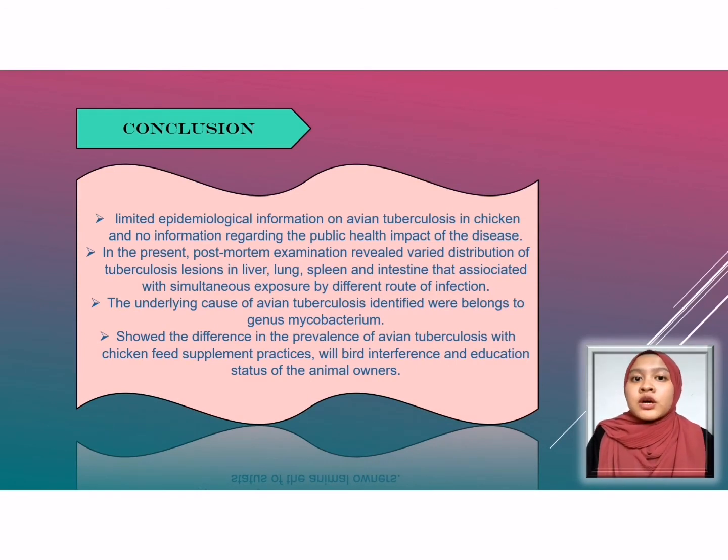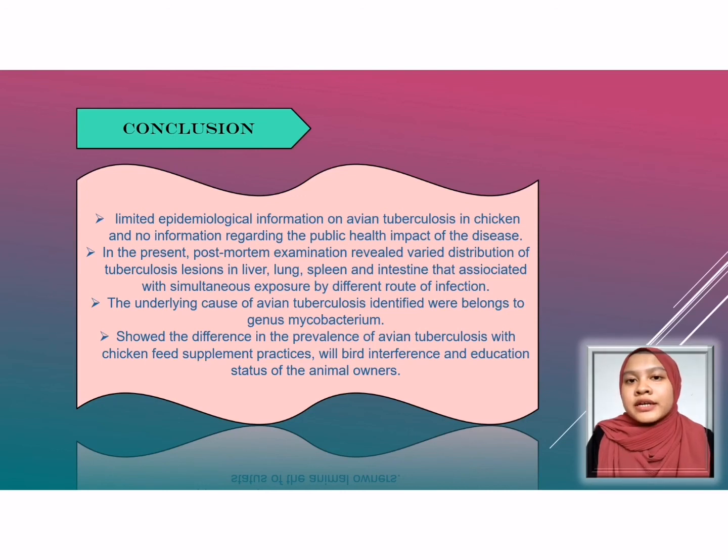Lastly, the conclusion. We have limited epidemiological information on avian tuberculosis in chickens and no information regarding the public health impact of the disease. In the present study, postmortem examination revealed varied distribution of tuberculosis lesions in the liver, lung, spleen, and intestines, associated with simultaneous exposure by different routes of infection.